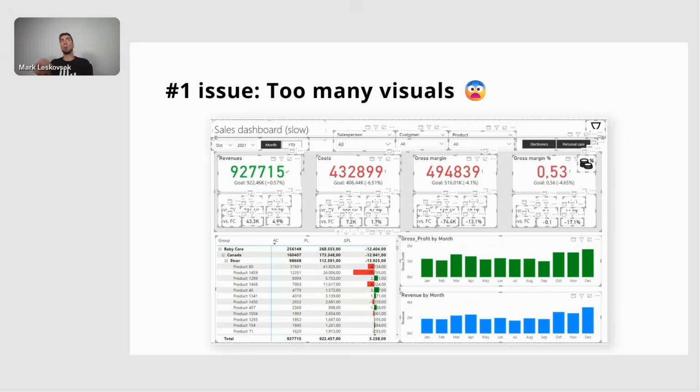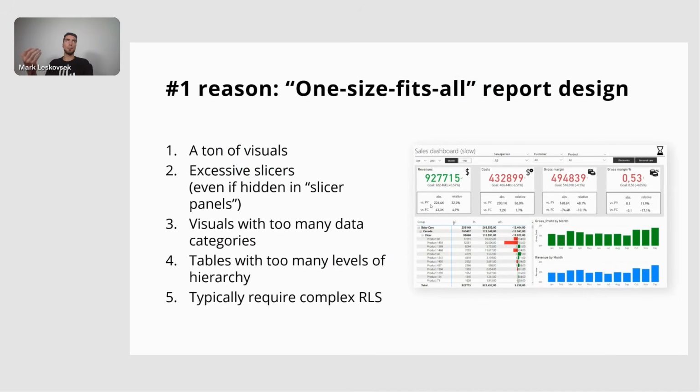And one reason why we see this kind of reporting is the typical one-size-fits-all report design. We have a ton of visuals because we want excessive slicers, because we want to cater to too wide an audience.